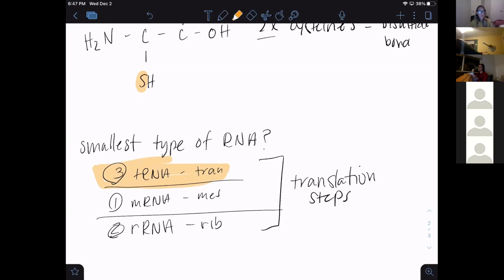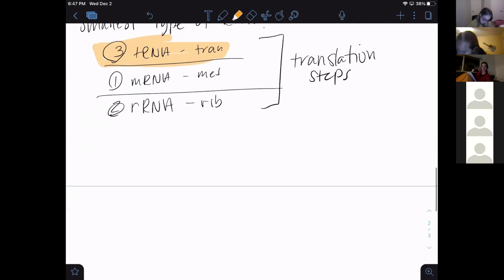All right, next question. What is the process by which DNA makes a copy of itself when the cell divides? What is that process called? Replication or mitosis? Okay, so mitosis is dealing with the cells, right?